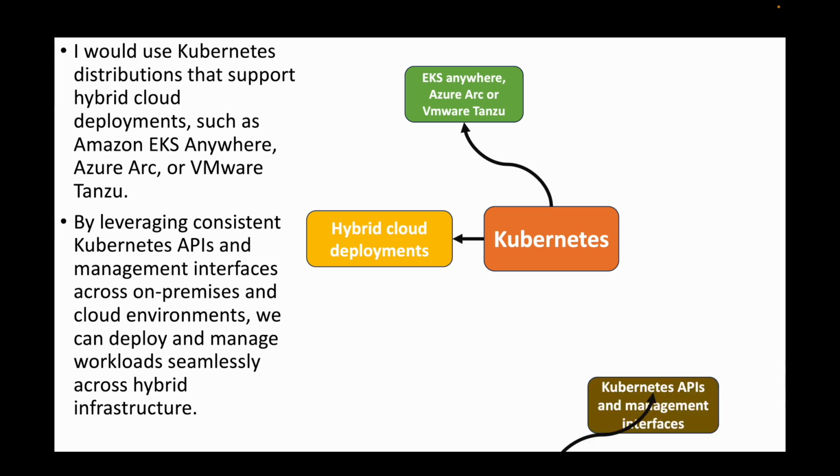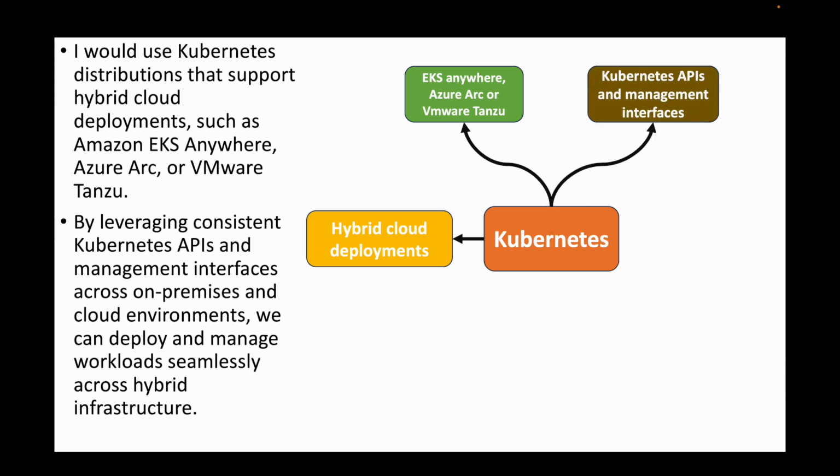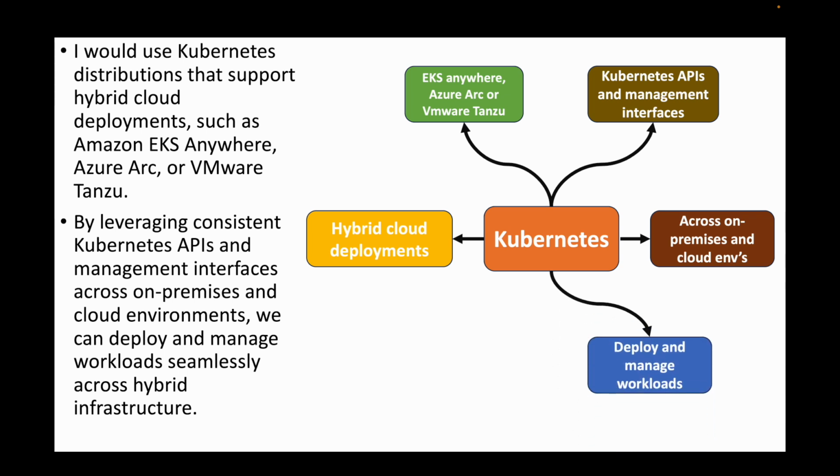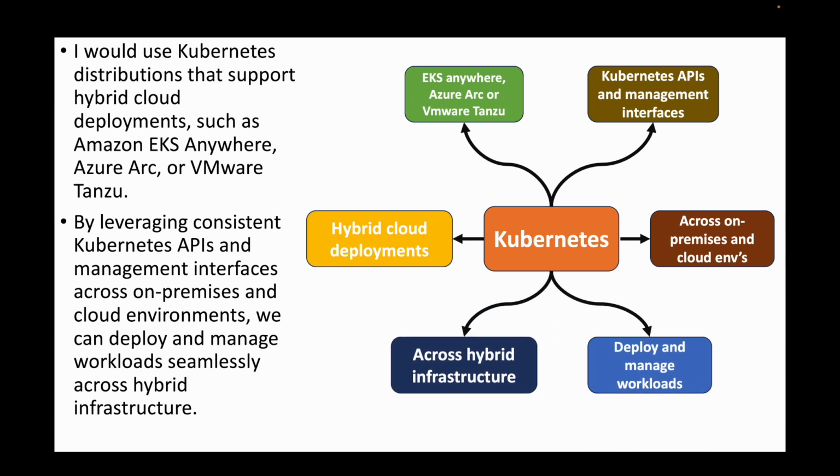We can also leverage consistent Kubernetes APIs and management interfaces across the on-premises and cloud environments. That way we can deploy and manage the workloads seamlessly across the hybrid infrastructure. So for this, we can make use of some of the tools and services that are available to deploy our workloads across the hybrid infrastructure that we have.